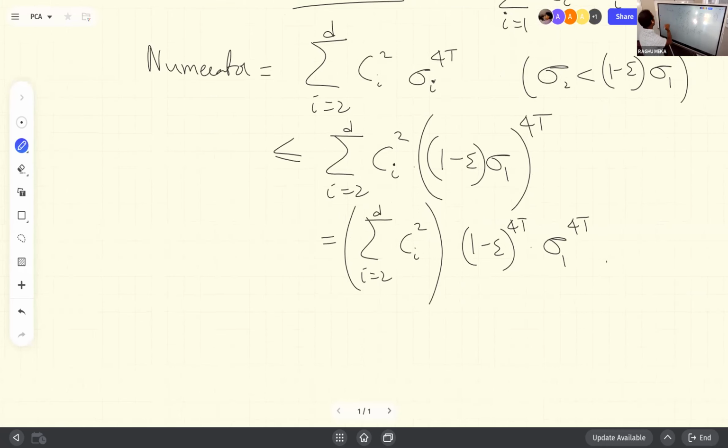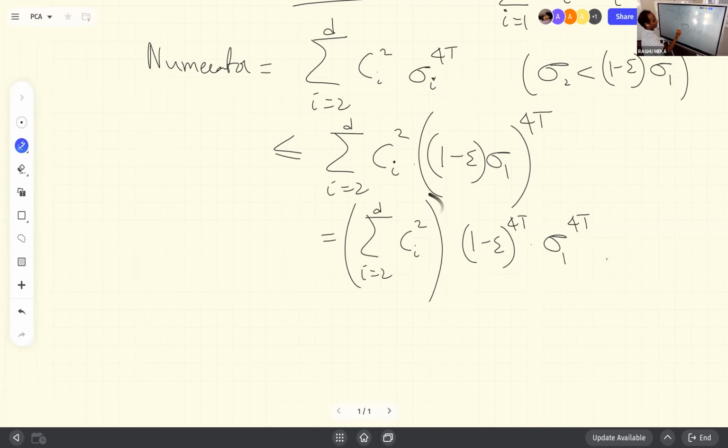And what's an upper bound on this quantity, the sum of squares of the ci's, except for the first one? What do we know about that?